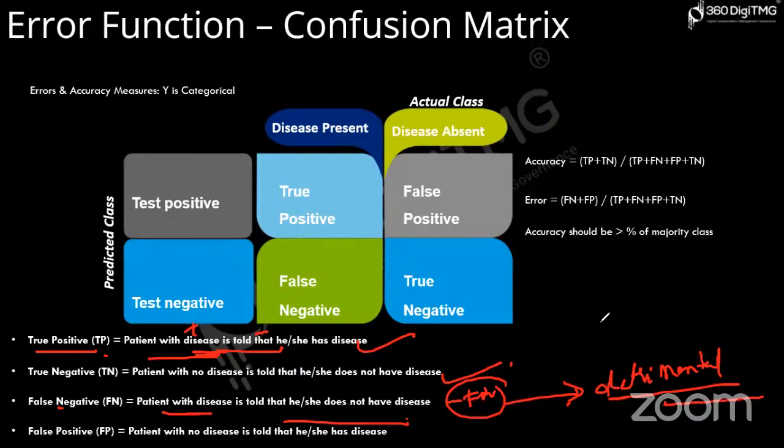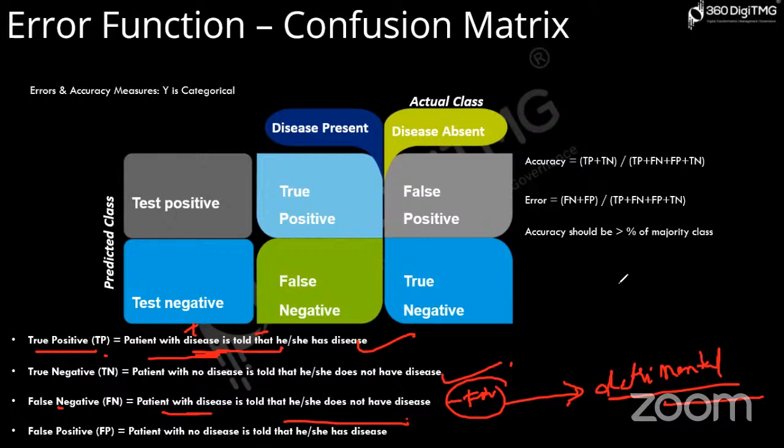In that case, it could be detrimental, right? The person will relax, thinking he doesn't need to go through any treatment. He might realize that he has cancer after a very long time. Maybe he was in the first stage at the time of the diagnosis, and now it is in the last stage. So it will be a very detrimental case.